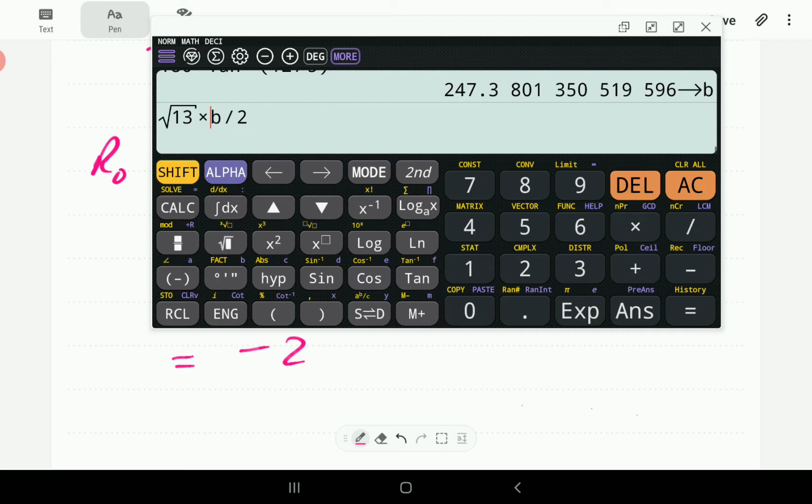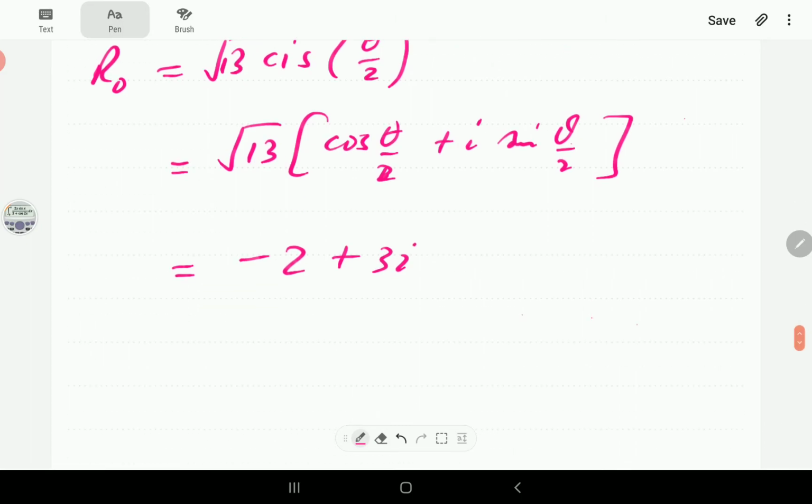We just make this one sine here. Close brackets. And that is going to be 3, so 3i. So that is the first one.